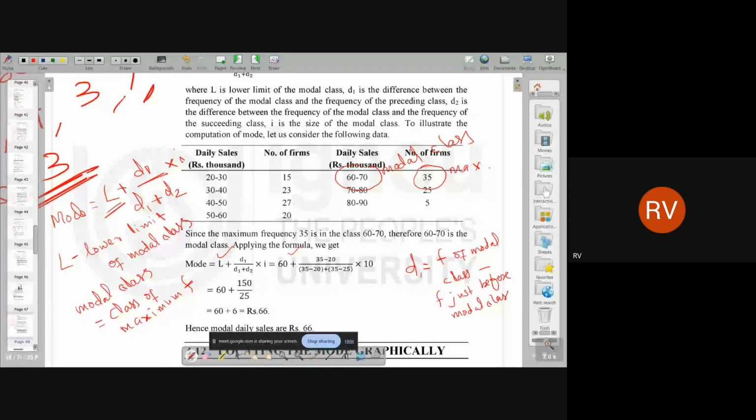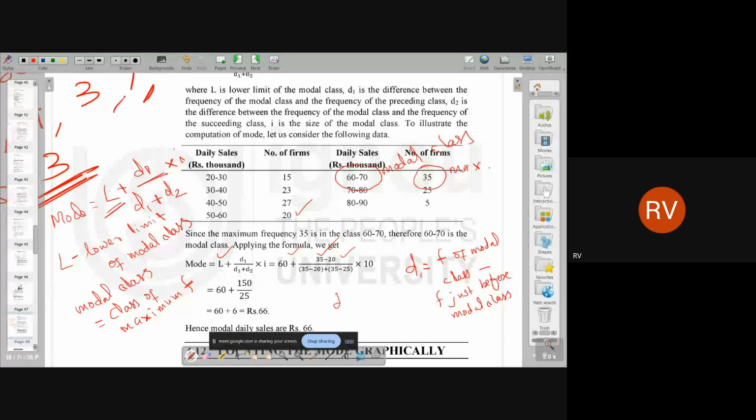The frequency of the modal class, 60 to 70, is 35. So D1 is equal to F of the modal class, 35, minus F just before the modal class, which is 20, divided by.